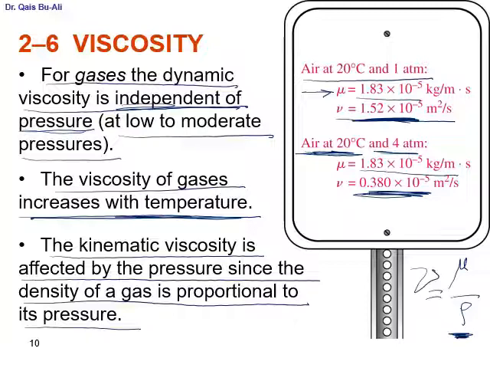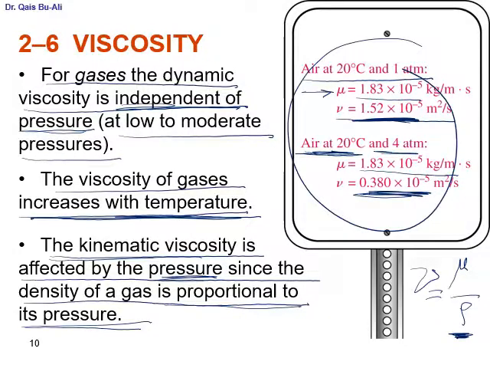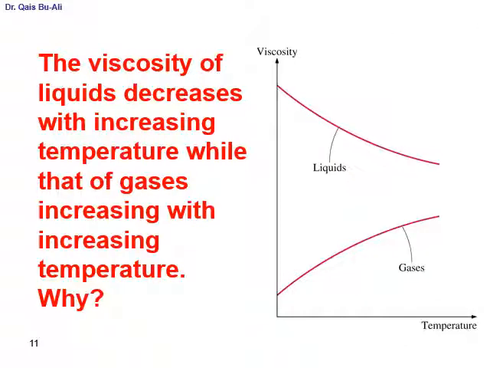The viscosity of gases increases with temperature. The kinematic viscosity is affected by the pressure, since the density of a gas is proportional to its pressure, as can be seen from this figure. What I have just explained is mathematical. You look at the equation, and then you say, yeah, I can see it from the equation.